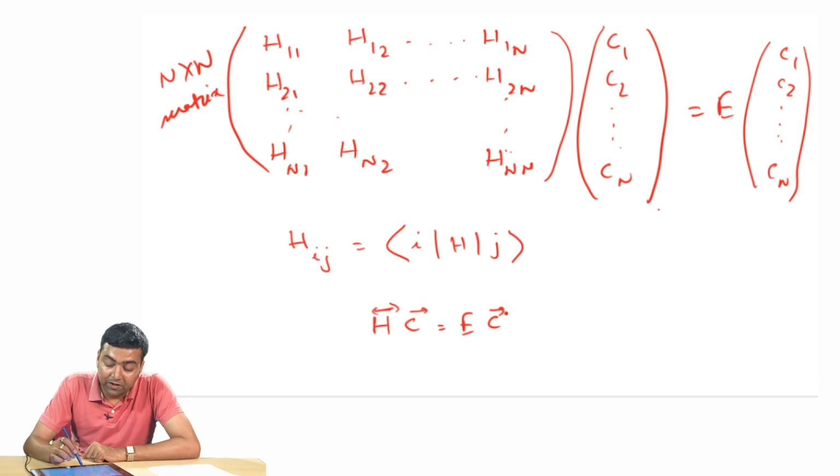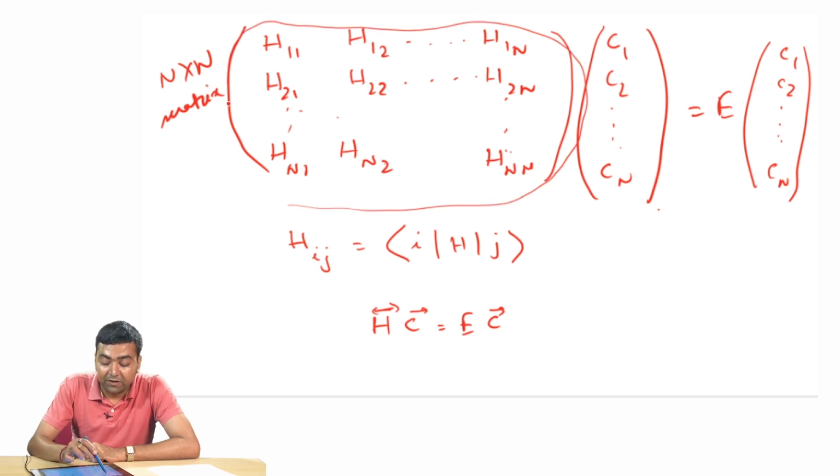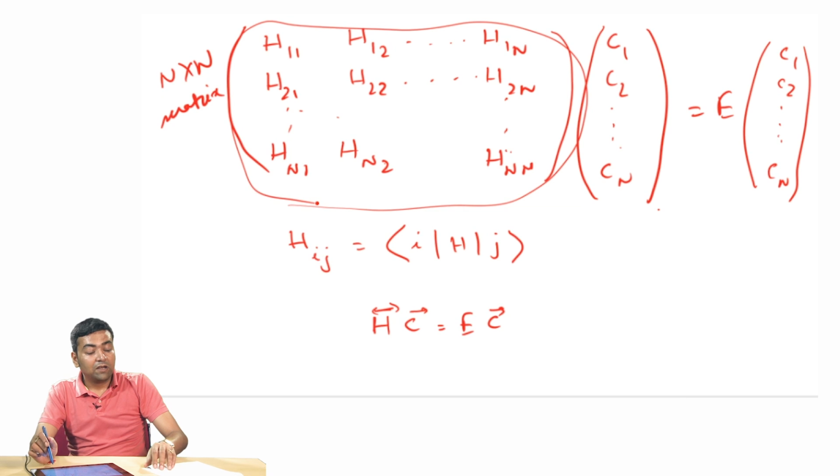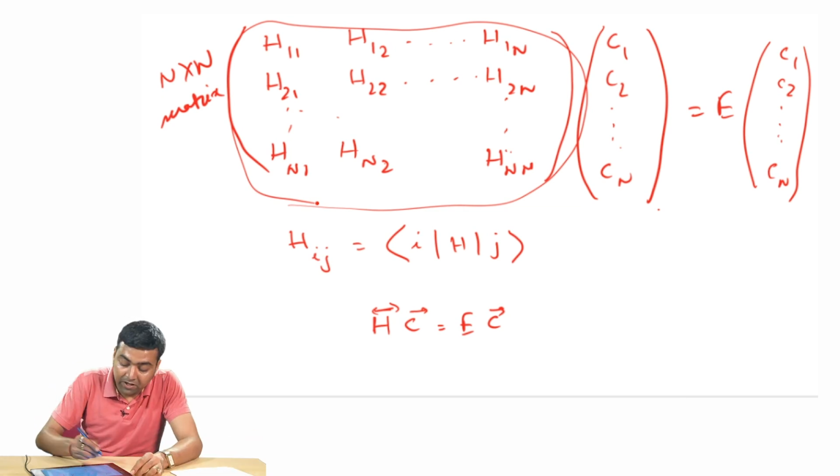So, basically, in order to find this vector C and the energy eigenvalues E, I need to diagonalize this matrix. If I am able to diagonalize this matrix, then I will be able to solve the unknown problems. So, in this formalism, the energy of the total system is given in this form.